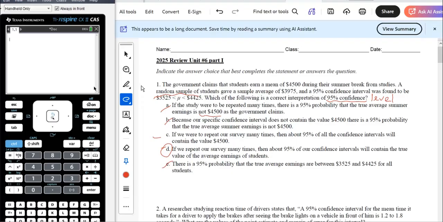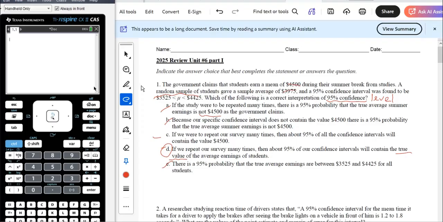Okay, so what did they do wrong in C? If we repeat our survey many times, then about 95% of all confidence intervals will contain the value 4,500. So maybe it's just the true value. This is not so much about this particular setting.